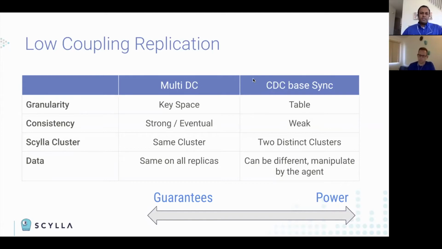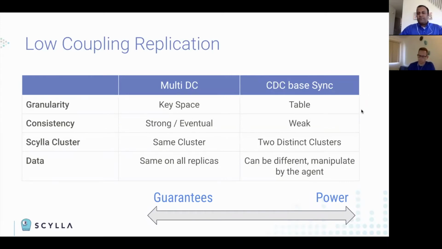In certain use cases this might be okay, but if you need strong eventual consistency, that's when you use multi-DC. You can also use CDC for two distinct clusters, whereas multi-DC has to be used for a single cluster. So if you have multiple microservices in an aggregator pattern, you would tend to use CDC-based sync backed by a message queuing system if you need high volumes.